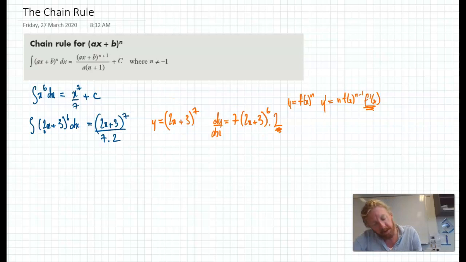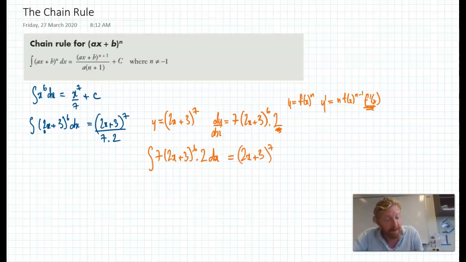So let's write that. The integral of 7 times (2x plus 3) to the 6 times 2 dx is equal to (2x plus 3) to the 7 plus c. And that's because I'm doing, of course, indefinite integrals where I don't have to sub in.